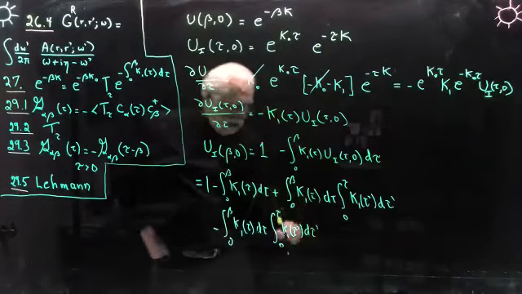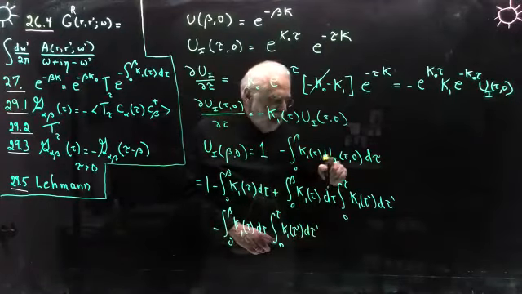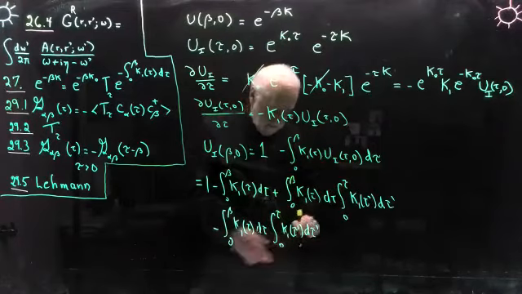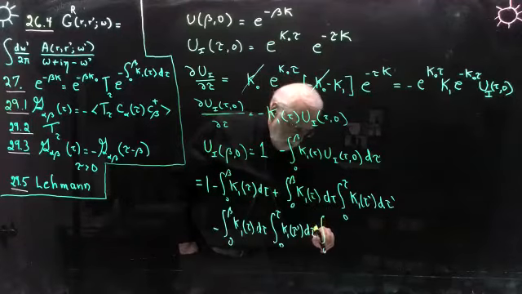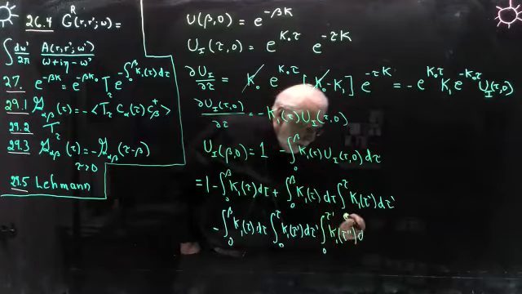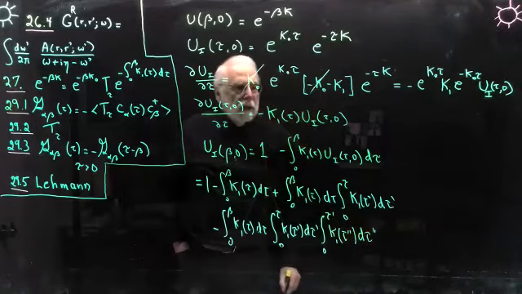But now what I need here is UI at time tau prime. So it means that I have to do the integral from 0 to tau prime of K1 of tau double prime d tau double prime. You see this?